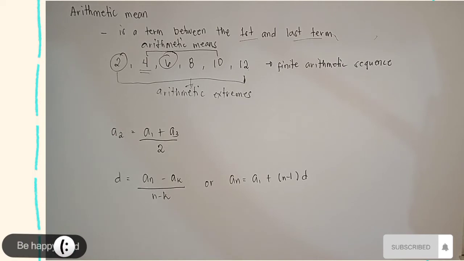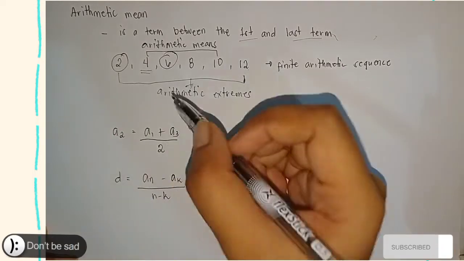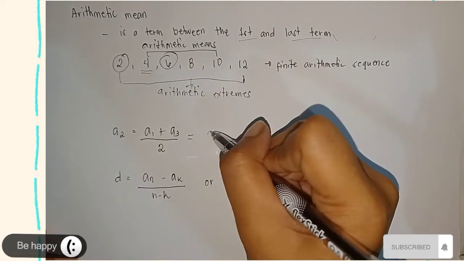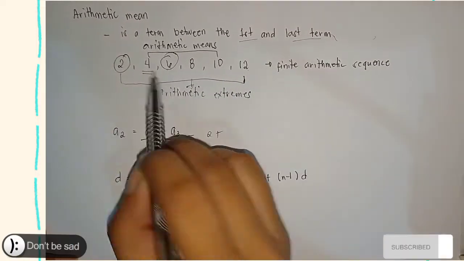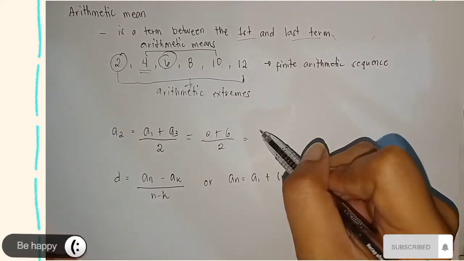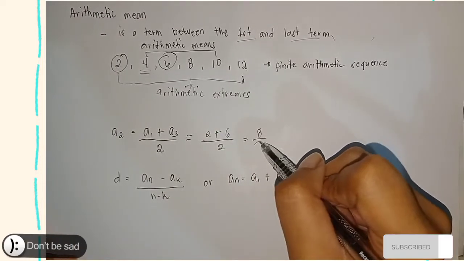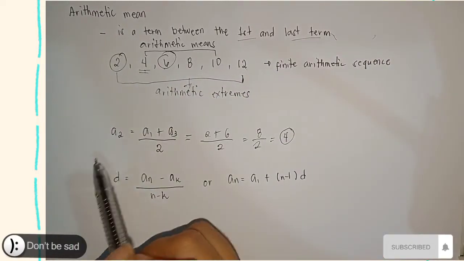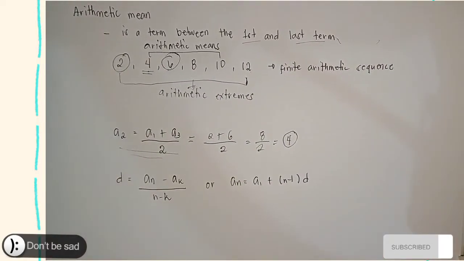So, when we use the formula a sub 1, 2, plus a sub 3, 6, over 2 is equal to 8 divided by 2 is equal to 4. And that is 4. So, itong formula na to is ginagamit lamang kapag mayroon tayong tatlong terms. Okay, tatlong terms lang siya.